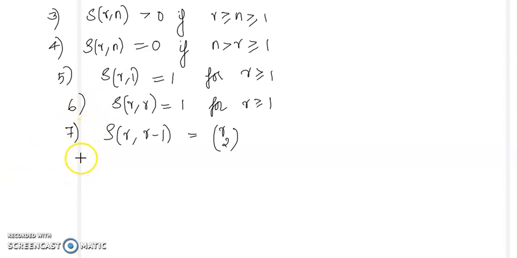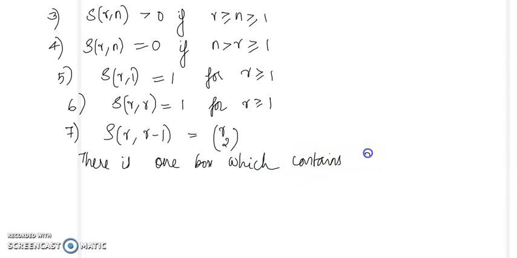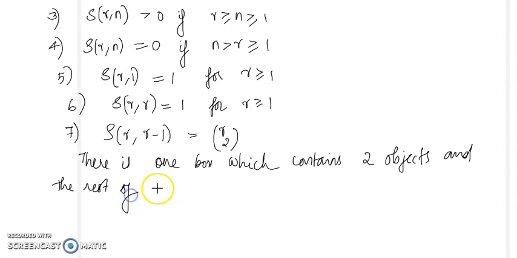So let us write that. There is one box which contains two objects and the rest of the boxes will contain one object.